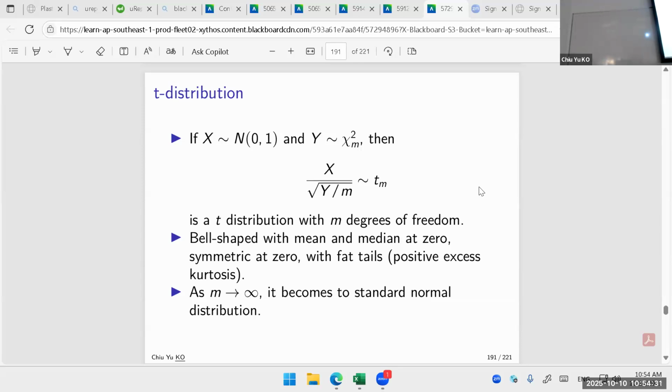He couldn't publish his work without his company's approval. So he published this result under the pen name called Student. And Student, the last letter is T. So that's why it's called T distribution. Sometimes in the textbook, they call it Student T distribution. That's where the Student comes from. It's not because it's for students, but rather he used a pen name called Student.